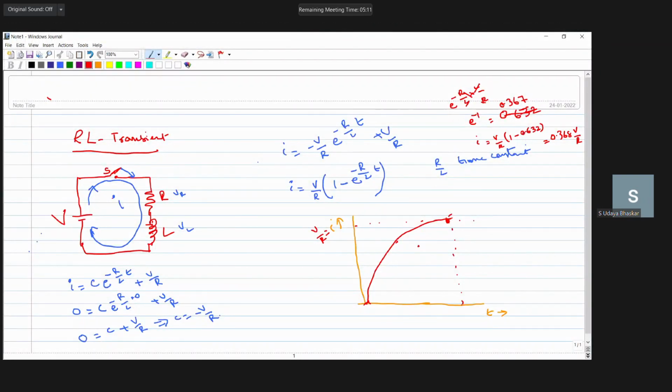Okay, sorry. So if you put 0.367 here, then how much are we getting? 0.632, right? How much are we getting as the I value? V by R into 0.63.